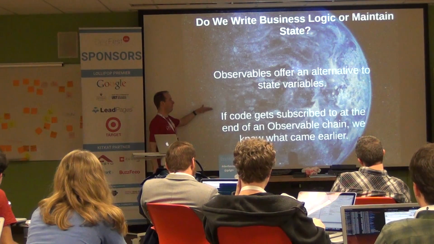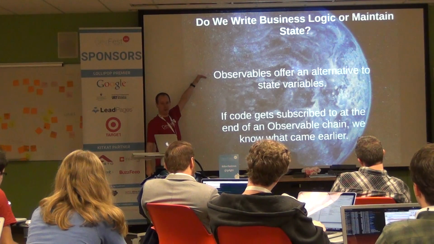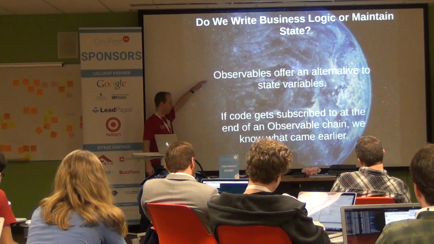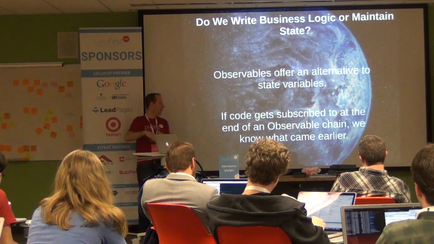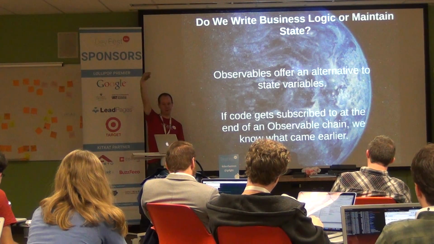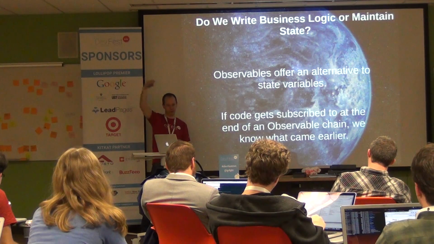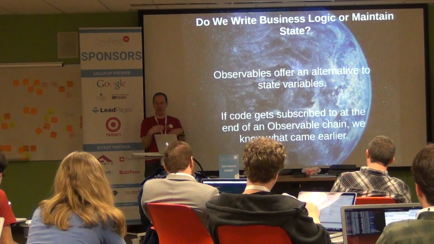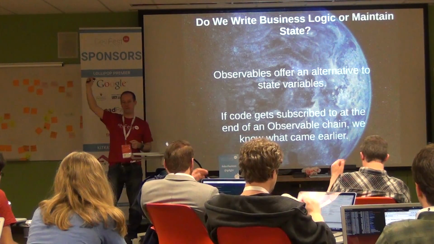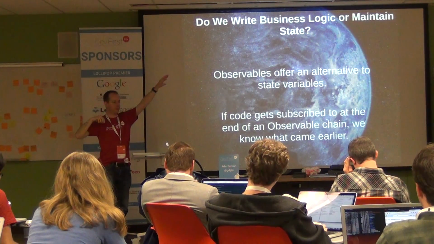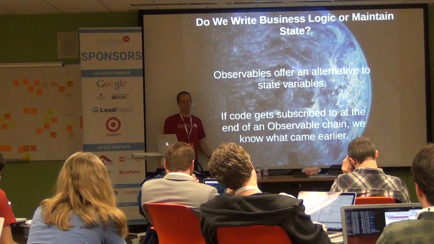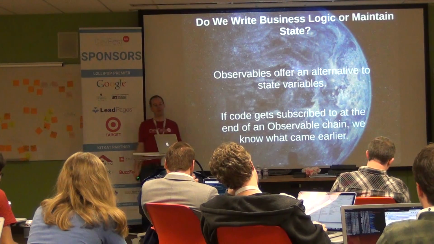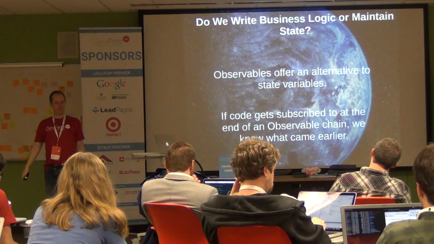So the reason why we don't use so many state variables when we have reactive observables is because if our code gets subscribed to at the very end of the observable chain, we already know exactly where we came from. We know every set of steps it took to get to where we're at. We don't have to go hanging on to, did I go through this network request? Did I come from this UI? We can see at the very end of the chain where it all came from. And that's why we need fewer state variables. Make sense?